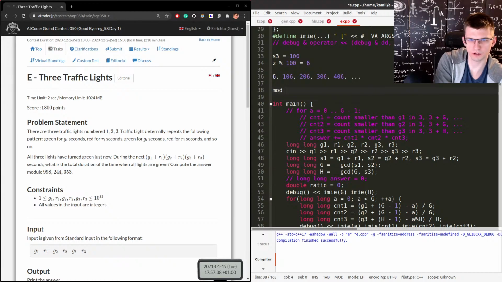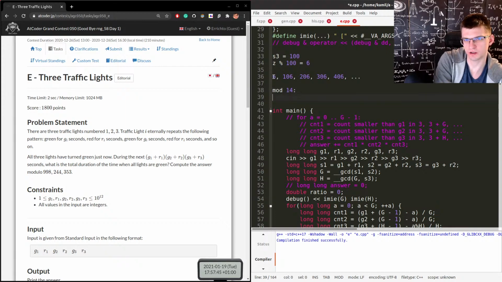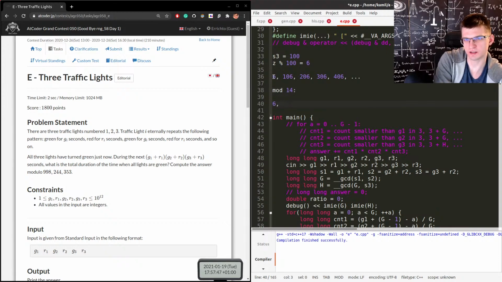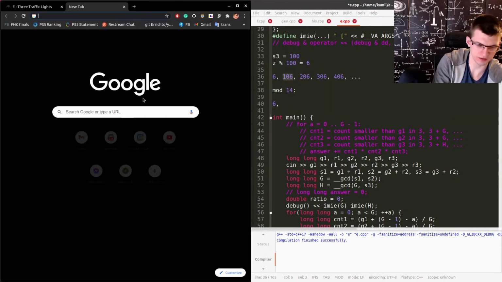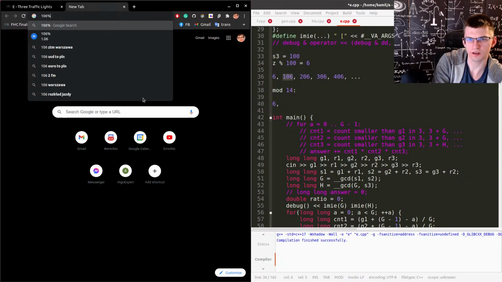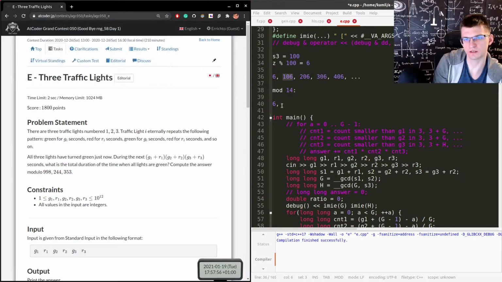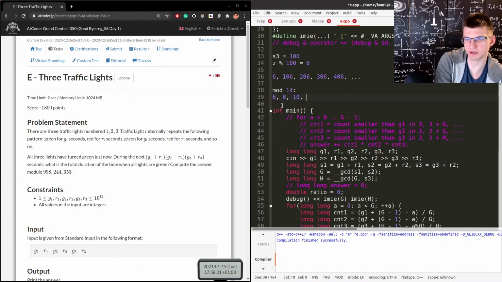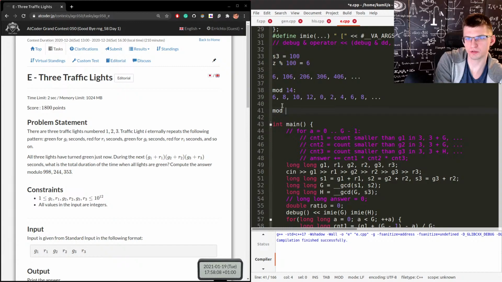Let's say now modulo 22, too big of a number, modulo 14, then that's 6, and then 106 is the same as, check modulo 14, that's 8. 6, 8, then it must be 10, 12, 0, 2, 4, 6, and we have a cycle. And modulo some other value, 9.